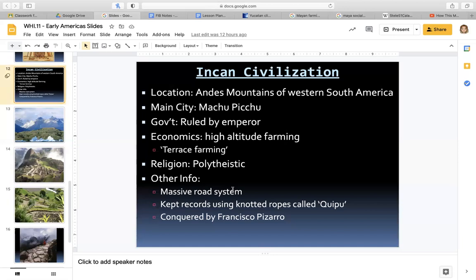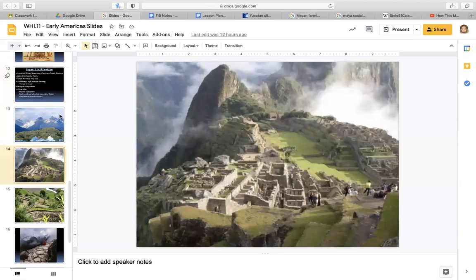So they didn't need any other tools like screws. This is Machu Picchu here, by the way. It's pretty insane. Thinking that people lived here or did their regular day-to-day life here. Of course, it's much different than we could ever imagine today.